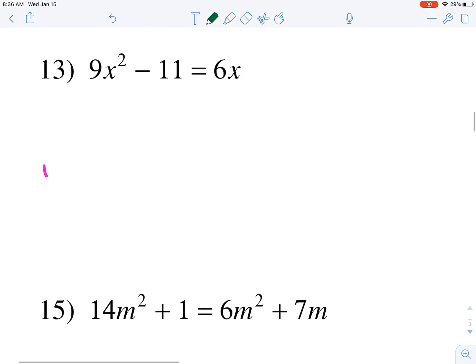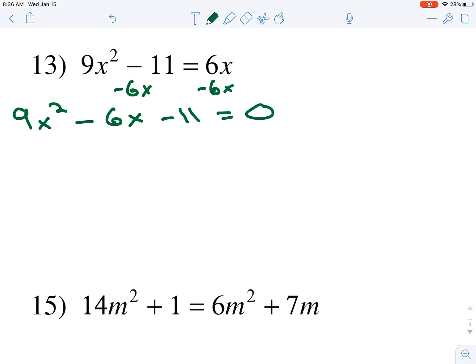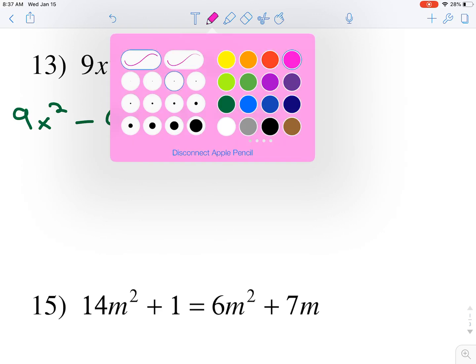Here's one that's a little above and beyond. So for this one, we are going to get everything on one side by subtracting our 6x on both sides, which is going to give me 9x squared. Okay. So let's go ahead and write down what a, b, and c are.